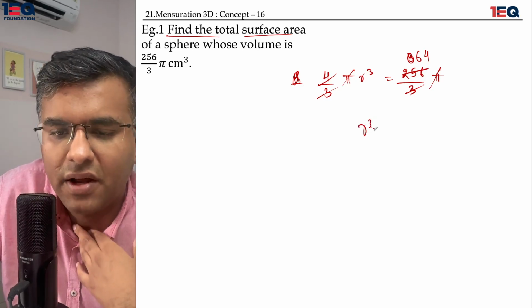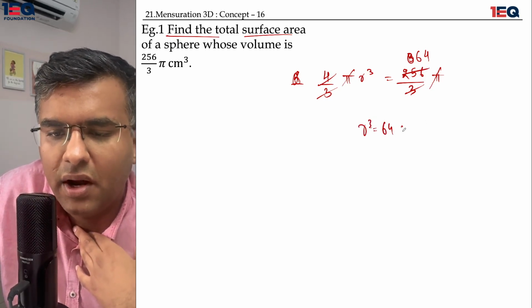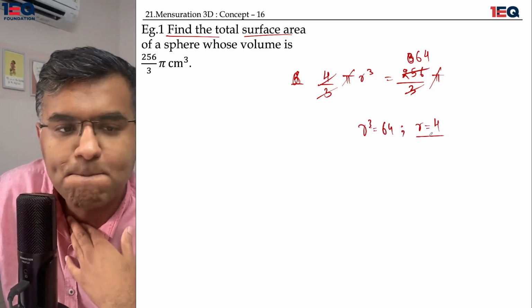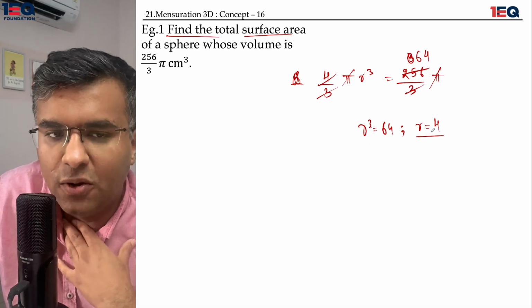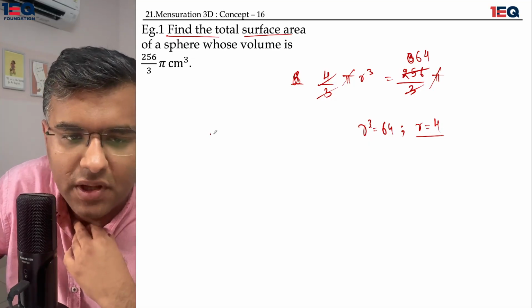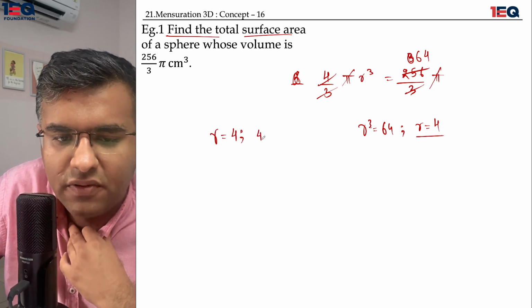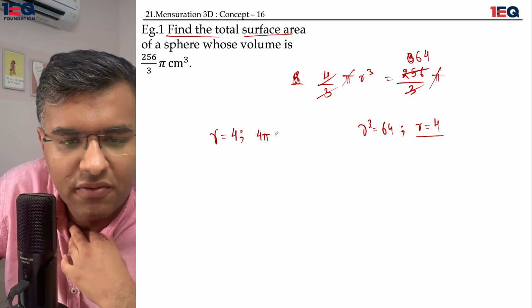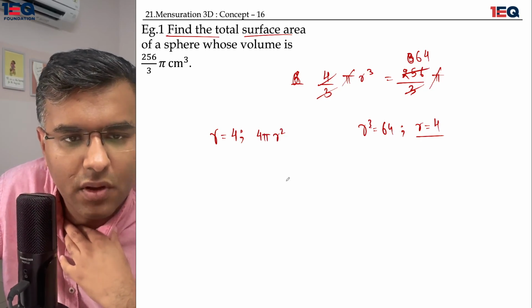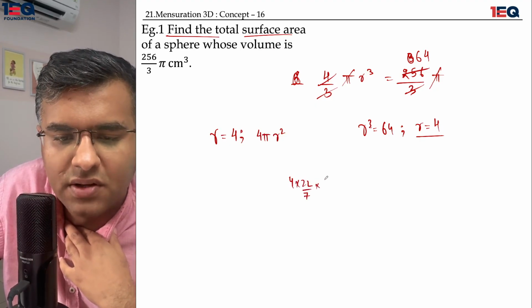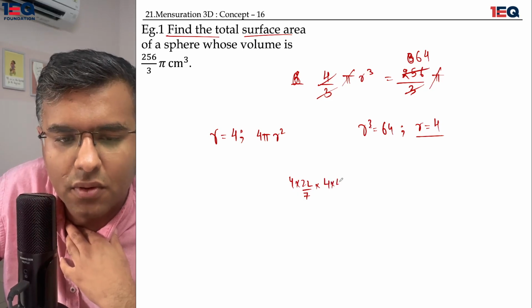The value of r cube is 64 and the value of r is nothing but 4. As we have the value of r being equal to 4, we just need to find out the value of 4 pi r square. 4 into 22 over 7 into r square, which is 4 into 4.